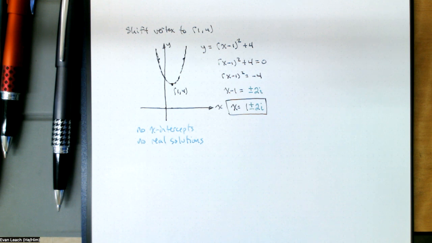Interestingly, we still get 2 solutions, and they're still evenly spaced about the vertex.